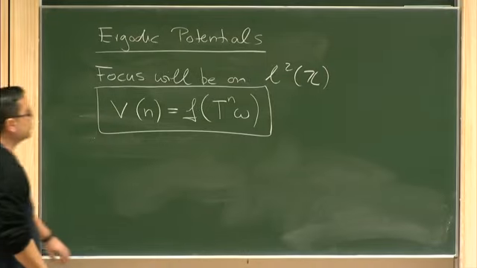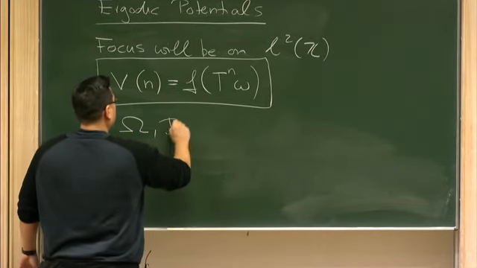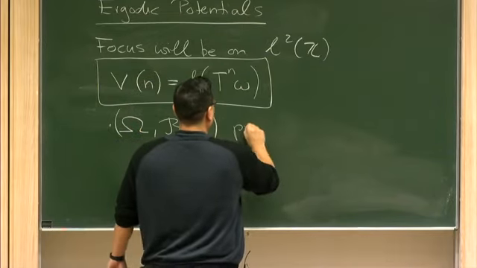So let me be more specific. Omega, some sigma algebra B, and mu will be a probability measure space.